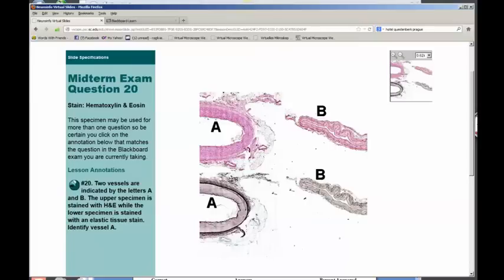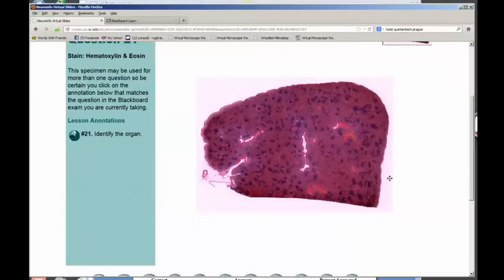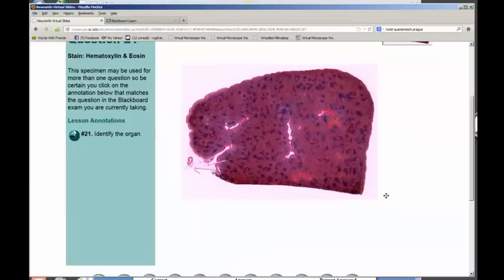So we're going next to the next question. Question 20, you're presented with this sample, which is very nice looking, I think. Very pretty colors of blue and dark blue and reddish, and different shades of red. And we ask you to identify the organ.